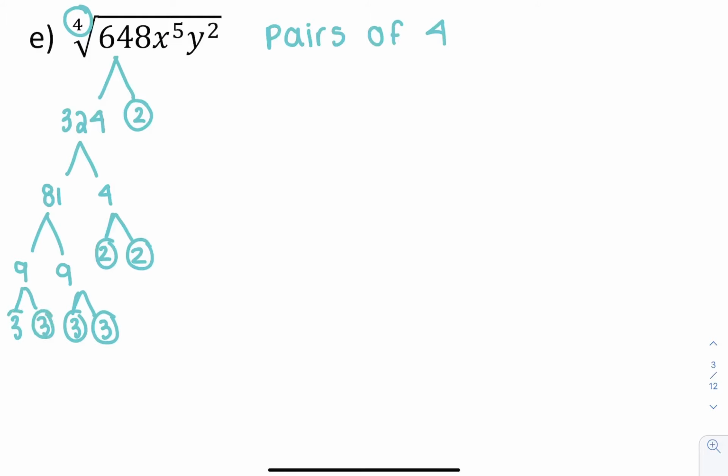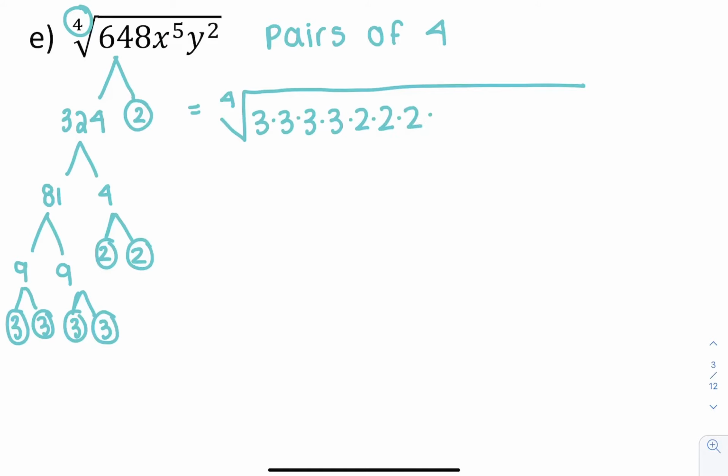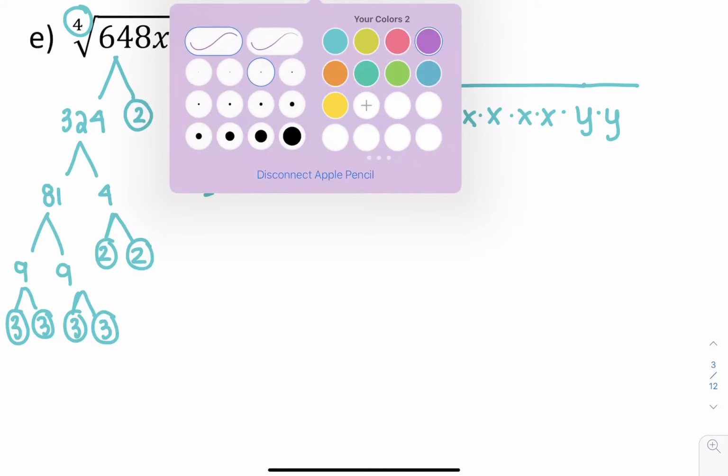So let's gather it all up. This time we're looking for a group of 4 to go out and leave the house together. So 3 times 3 times 3 times 3 times 2 times 2 times 2. Now we've got 5 x's and 2 y's. So we end up with, now we're looking for groups of 4 this time.